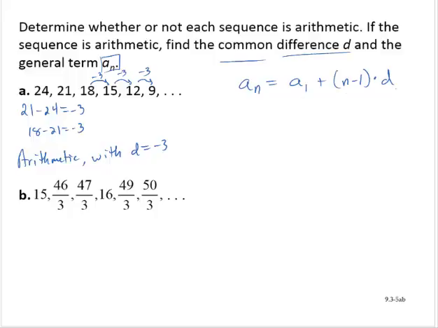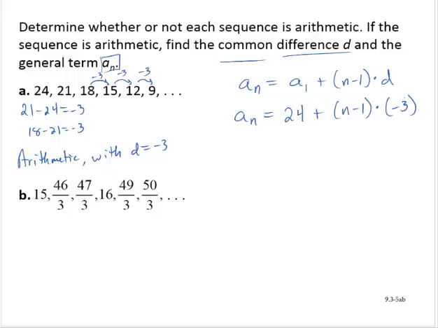So making substitutions, a sub n is equal to a sub 1, the first term in the sequence, which is 24, plus n minus 1 times the common difference, which is negative 3. And this is a general form that we can use.